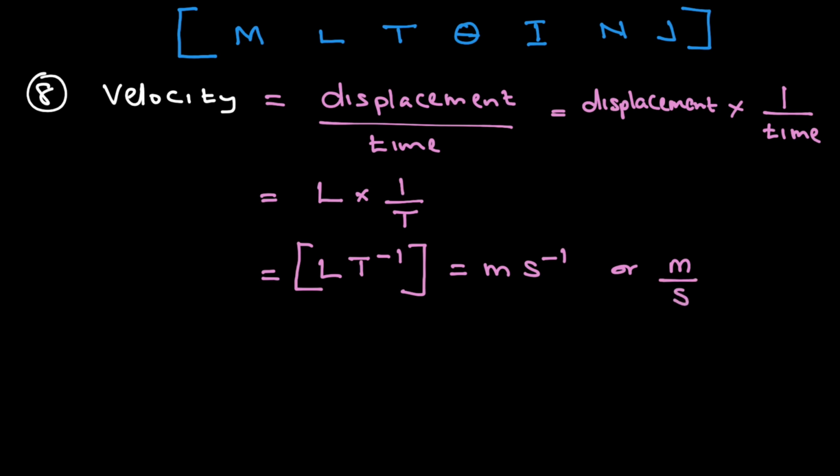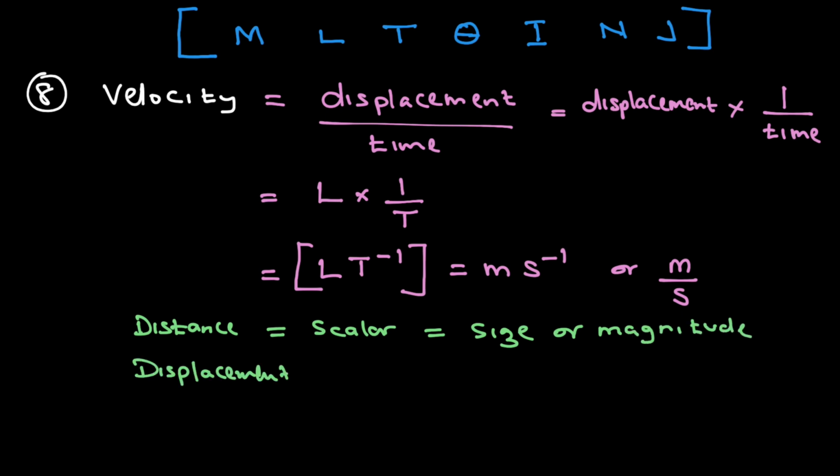Displacement and distance are similar in unit, but they're different because distance is scalar, and scalar has only size. Size is also called magnitude. But displacement is a vector, and a vector is size plus direction.